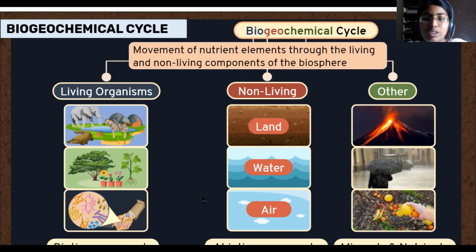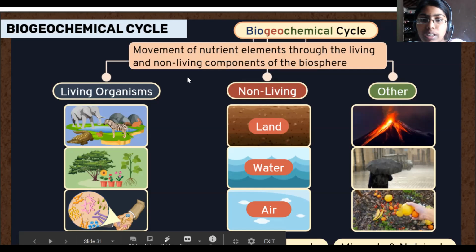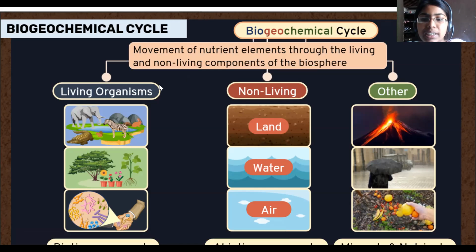You need not draw those things, just separate them as living organisms, non-living organisms, and other, and write those examples like human beings, plants, microorganisms, land, water, air, and other as minerals and nutrients.